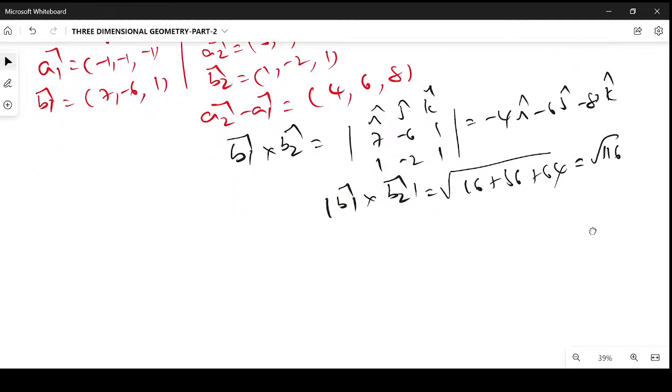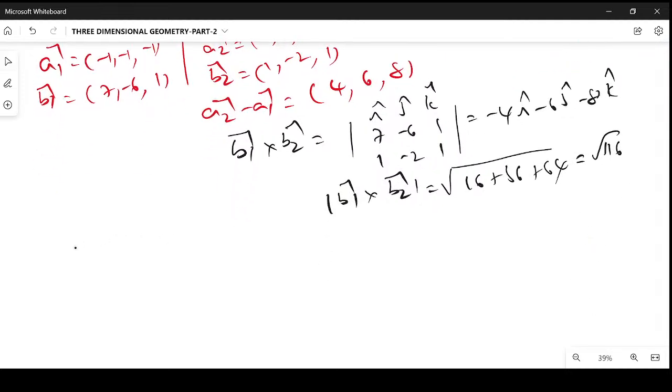So b1 bar cross b2 bar dot a2 bar minus a1 bar: we should find the dot product of these two.